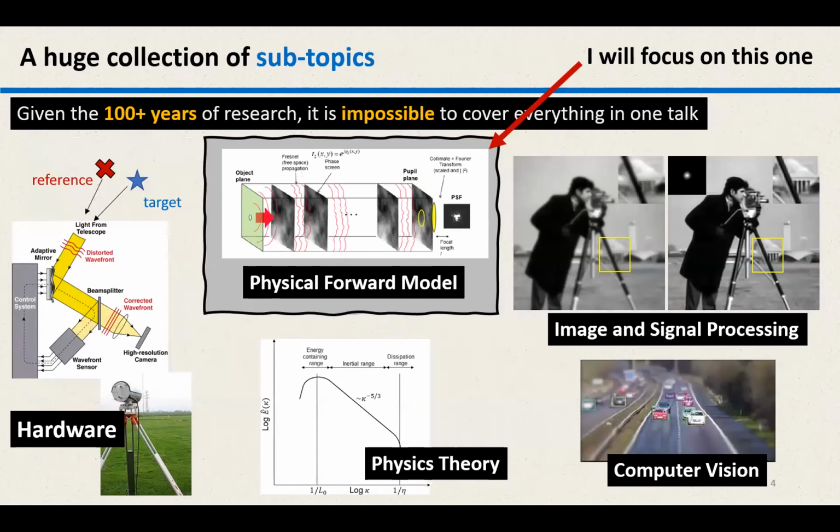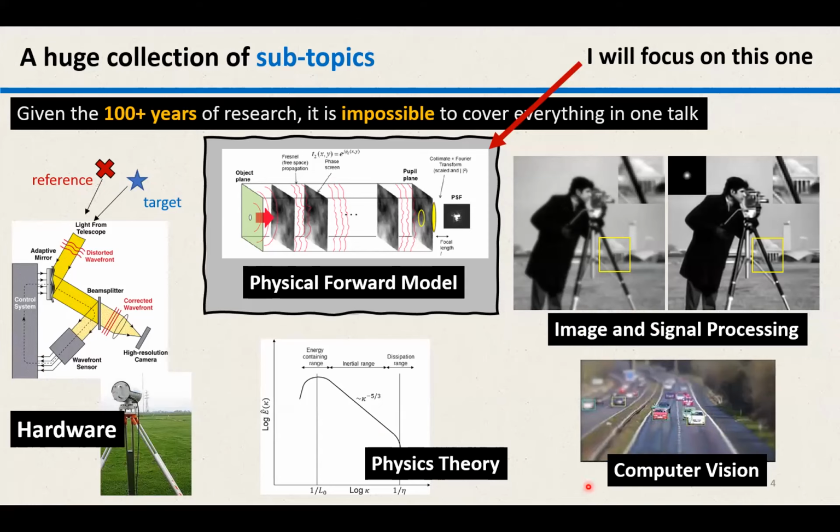There's a huge collection of topics on this problem of imaging through atmospheric turbulence, and the history can be traced back for more than 100 years. Given this breadth of topics, it is almost impossible to cover everything in a single talk. I would just want to mention that the research covers all the way from hardware to physics theory, forward model, image signal processing, and computer vision.